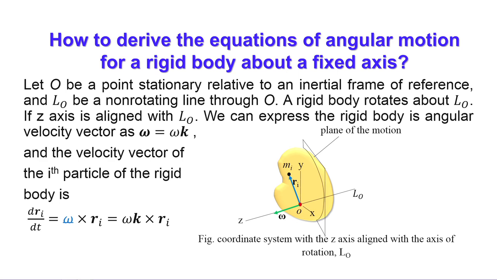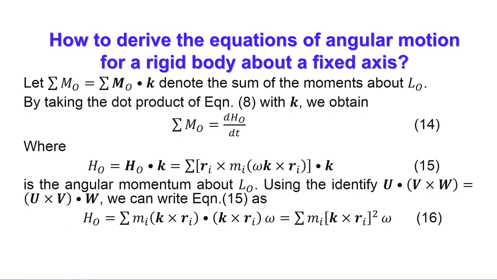So the angular velocity vector is omega k, cross r_i. The magnitude of the moment, we can find from the moment vector dotted with k, where k is the unit vector in the z direction.